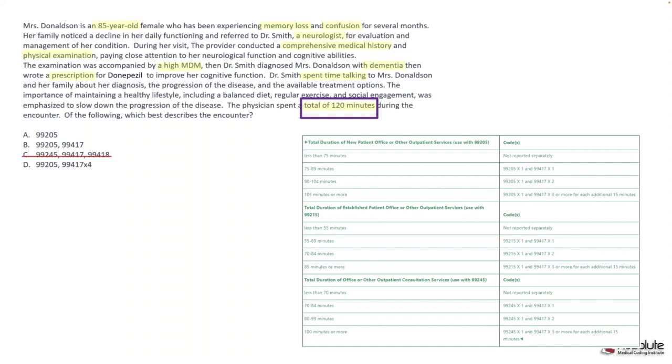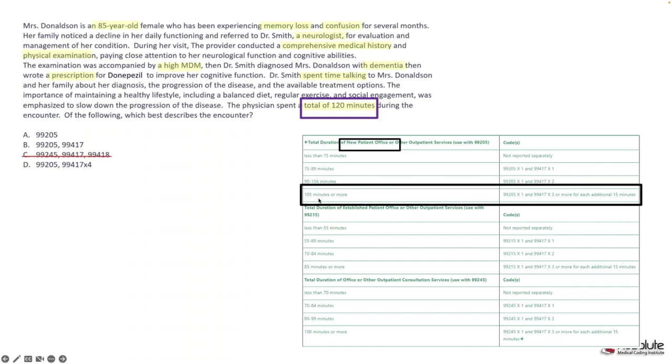Okay. All right, so we have 120 minutes, so I'm going to find the correct section on this chart. This is a new patient, right? And if we look down, we look for 120. Well, we have 105, so let's go ahead and start with that.